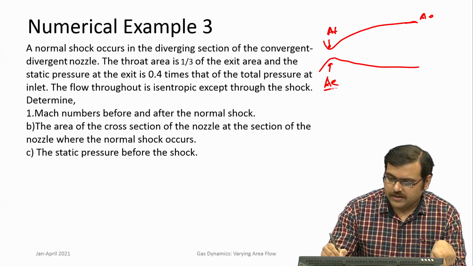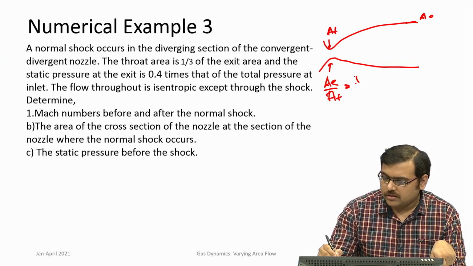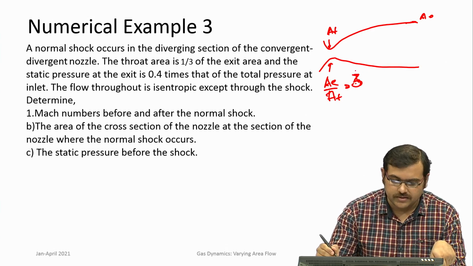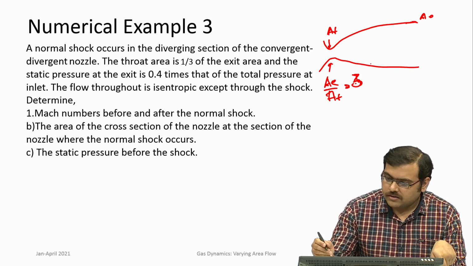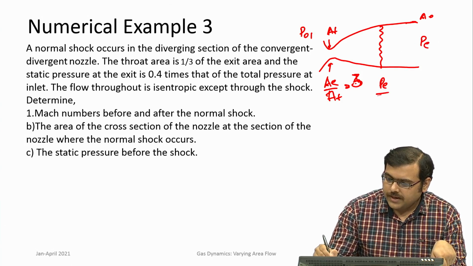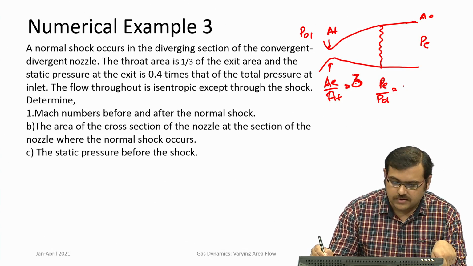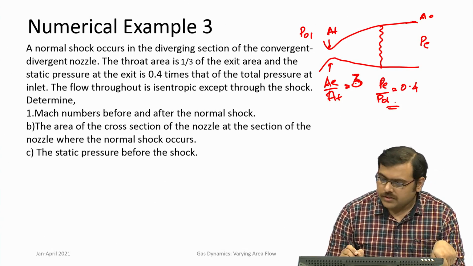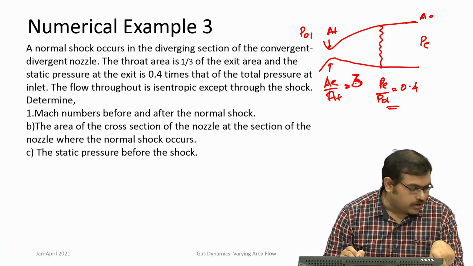AE by AT is 3, and somewhere here one shock occurs, and P exit by P01 is 0.4. So, this is given. How do we go about this problem?